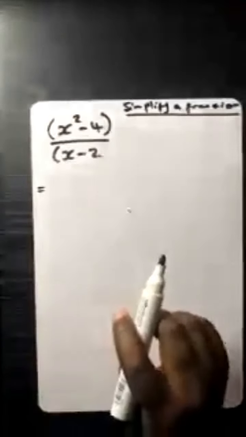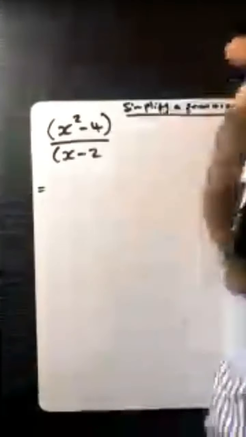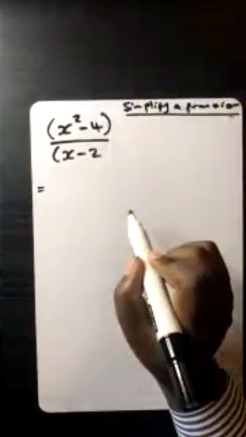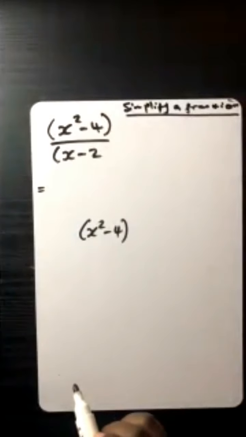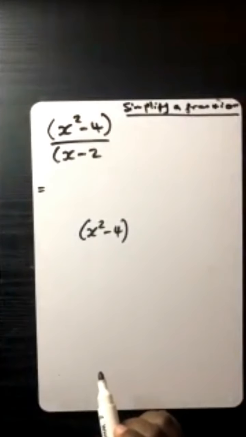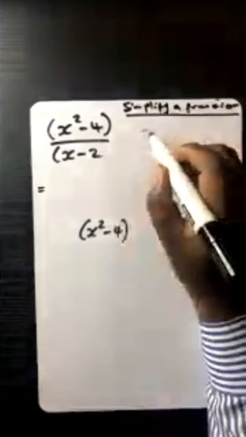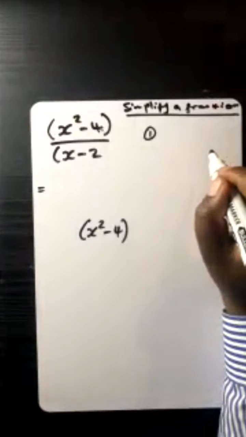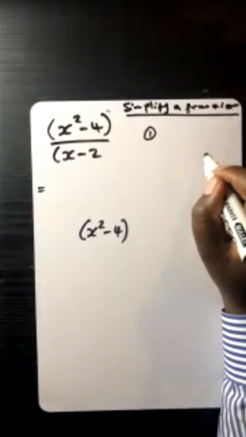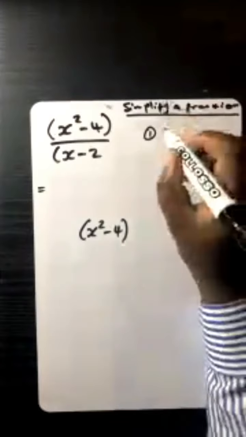So, okay, now let me show you how you simplify this one. We need to be able to factorize this thing, guys. Let me firstly write down the rules of simplifying a fraction. Normally your first step is to factorize the expression in the numerator and denominator.